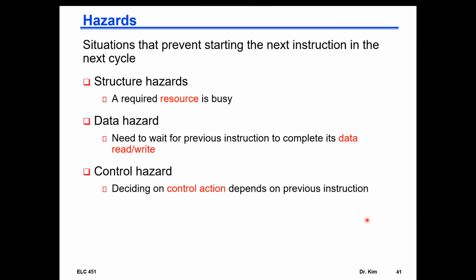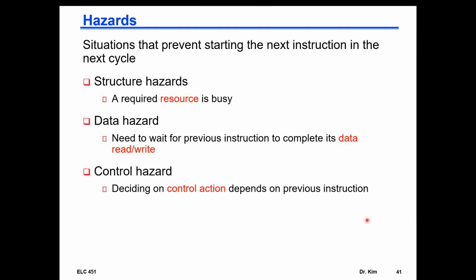Well, when you are reading the source register for that second instruction, register 10 has not been written yet because the instructions overlap. So you don't have the data that you need, and you may have to wait.